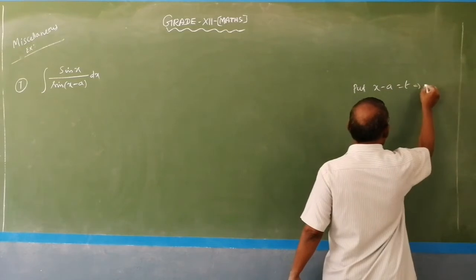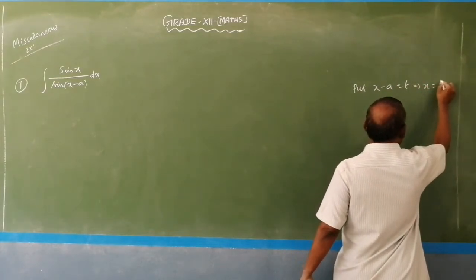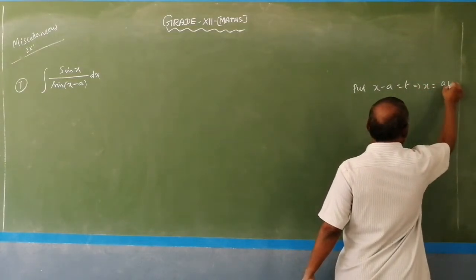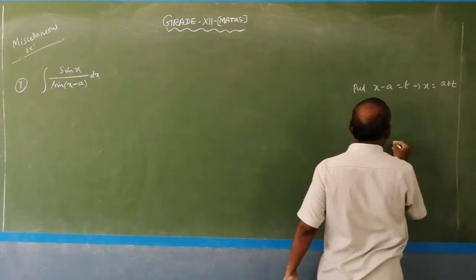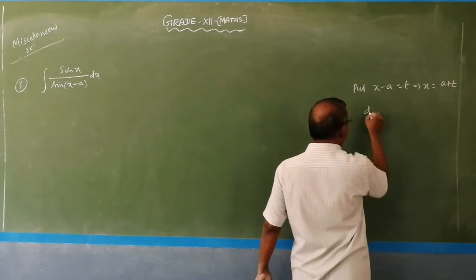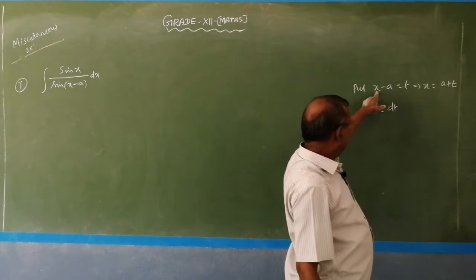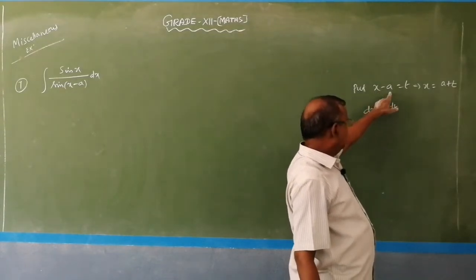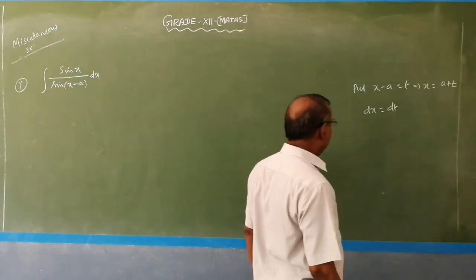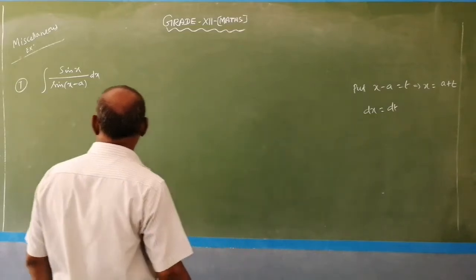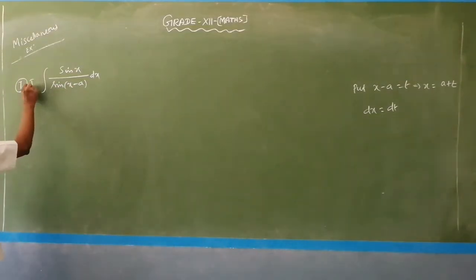So, we have x equal to a plus t and further differentiating we have dx equal to dt. Now, substitute all these values here. So, assume this as I.